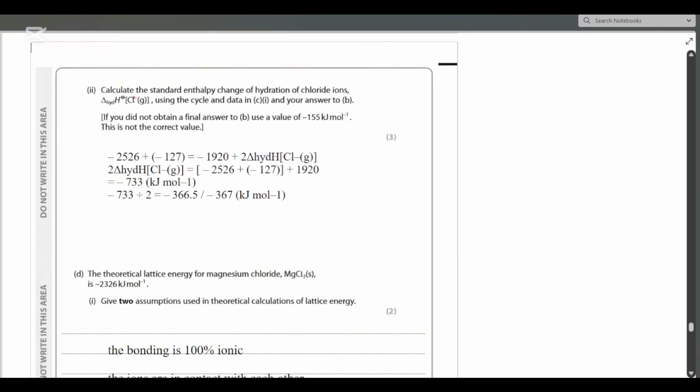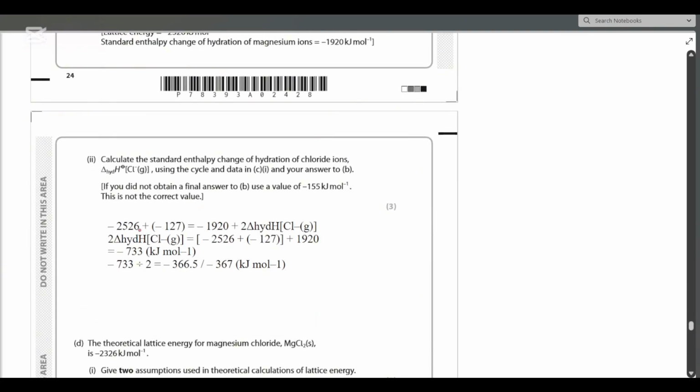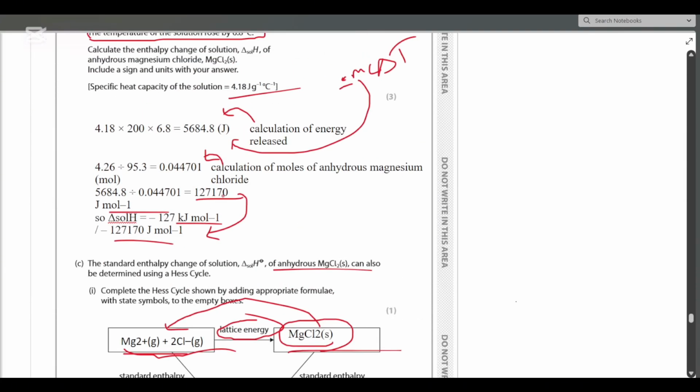Moving on, the next question said to calculate the enthalpy change of hydration of chloride ions using the cycle and data. If you use this cycle, we can easily find it. What we did here was pretty simple.